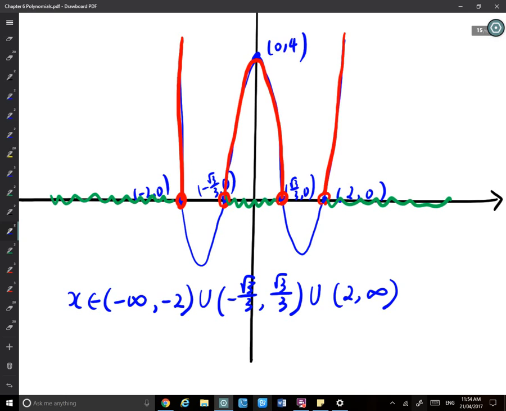Okay, that will be the shape. So in this page, we have learned how to factorize quartics, how to sketch graphs for quartics, and how to solve inequalities for quartics.